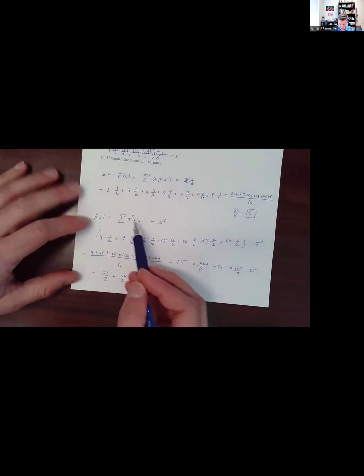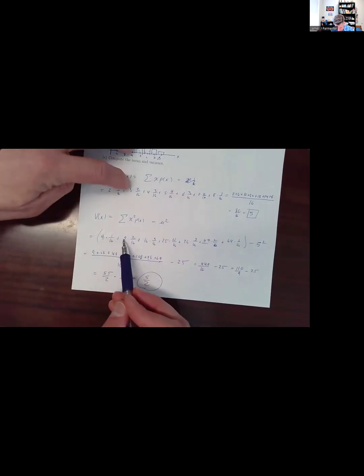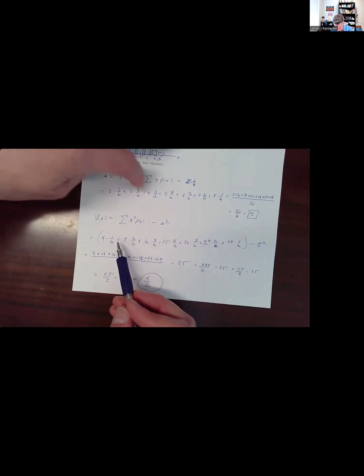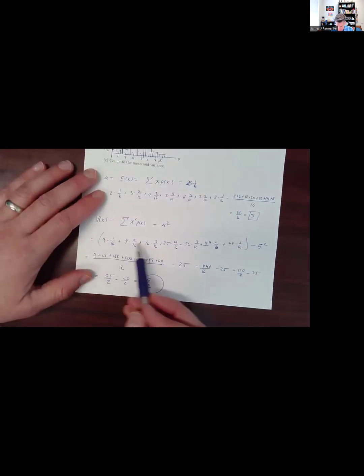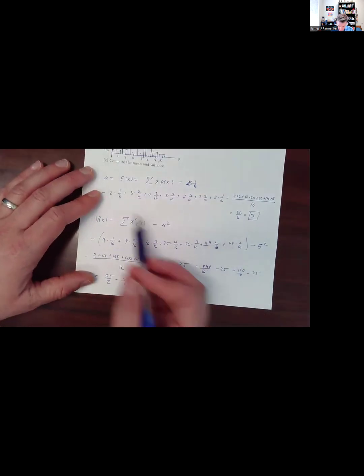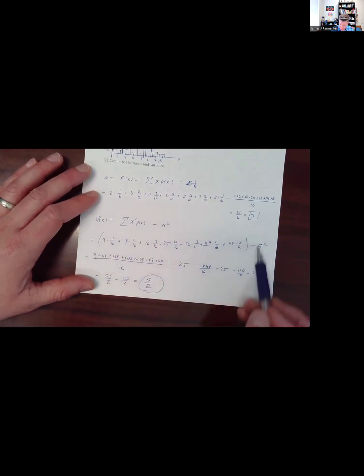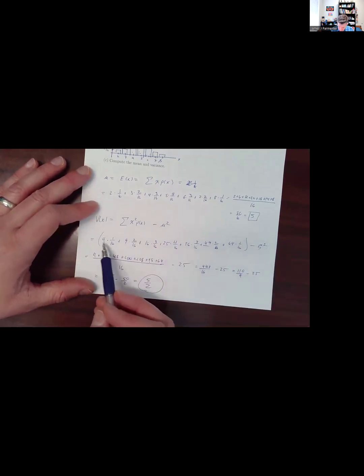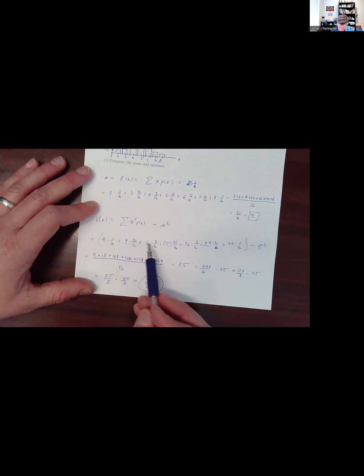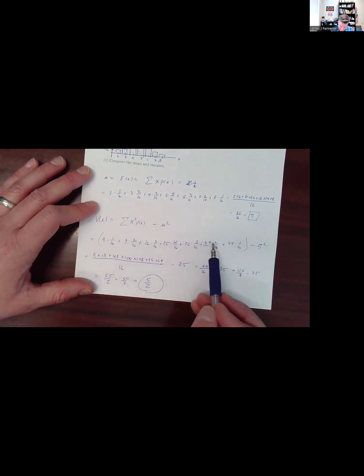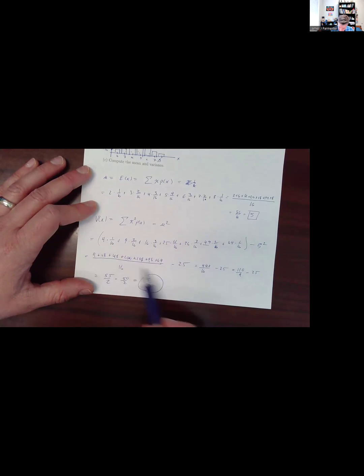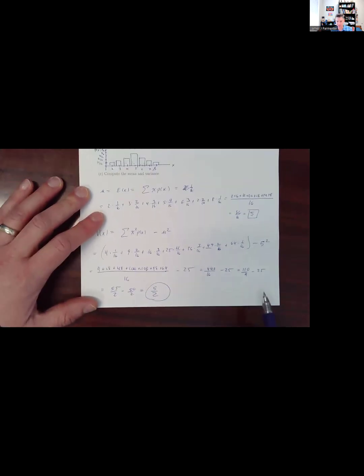Variance is, so for the x squareds, I'm squaring each of those x's: 2, 3, 4, 5, 6, 7, 8 become 4, 9, 16, 25, 36, 49, 64. Multiply by the same probabilities, and then subtract the mean squared. I simplified the top, so it's 4 times 1, 2, 3, 4, 3, 2, 1, all that, and then the rest is just the math of mapping it out.